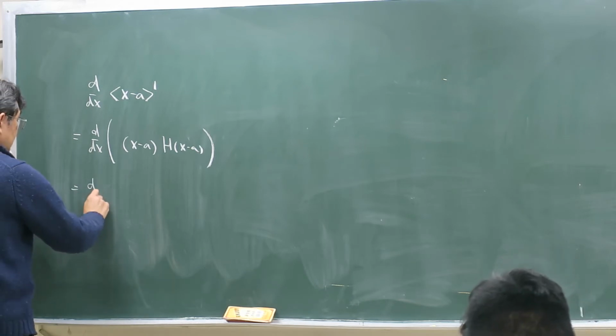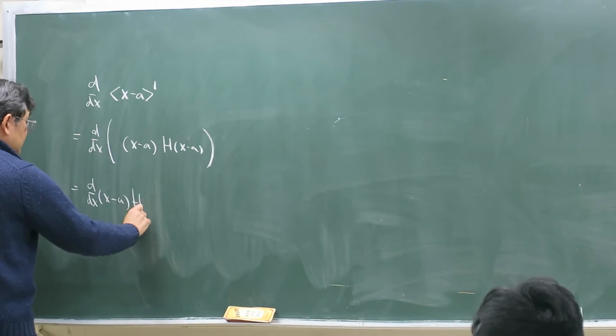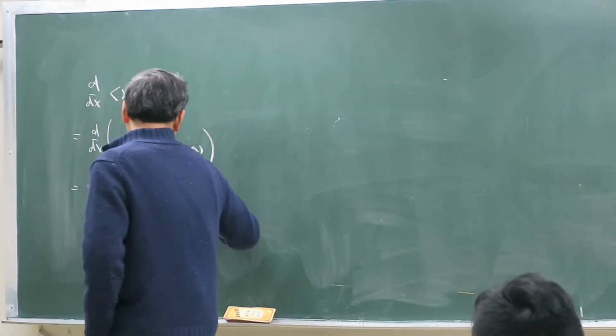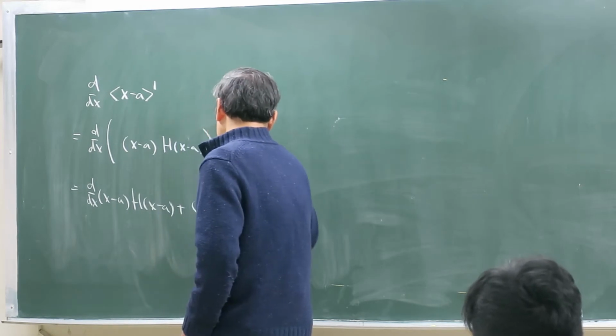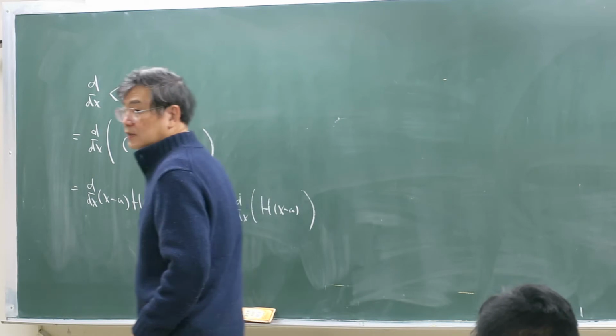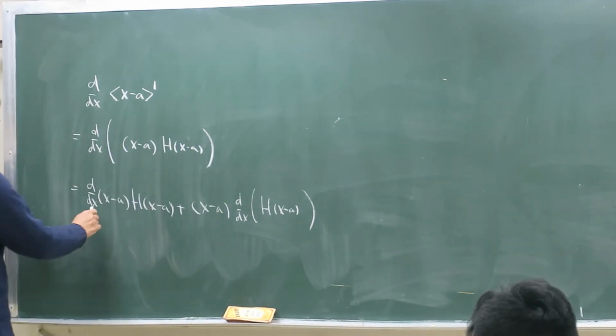So that will be d/dx of (x − a) times H(x − a), plus (x − a) times d/dx of H(x − a).